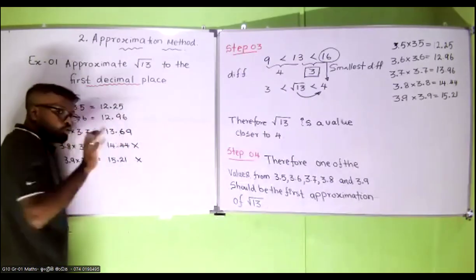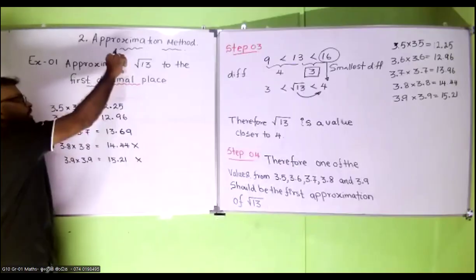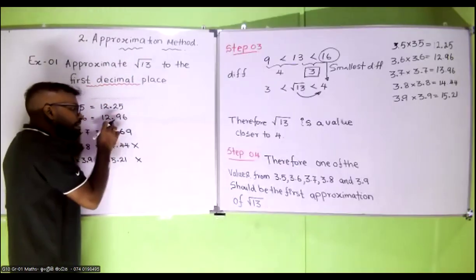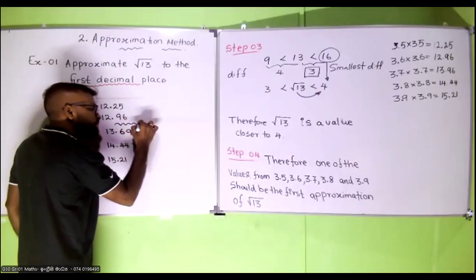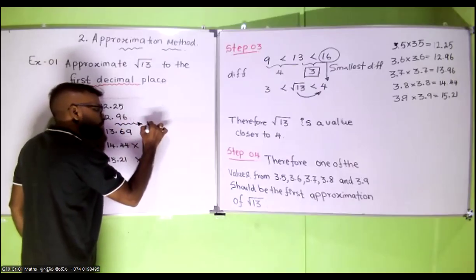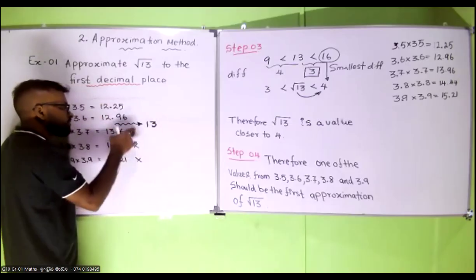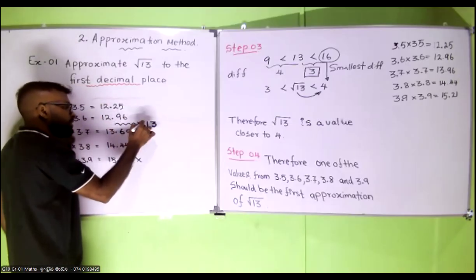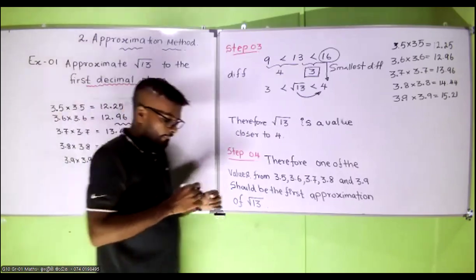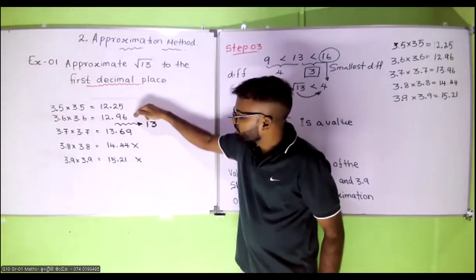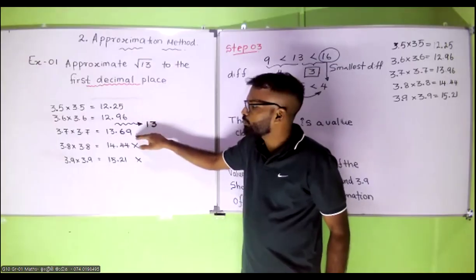Because you can understand now, you are going to find the square root of 13. Square root of 13 is in between these two values. 12.96 just passed and 13.69.